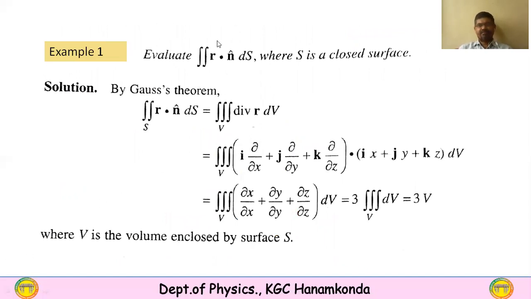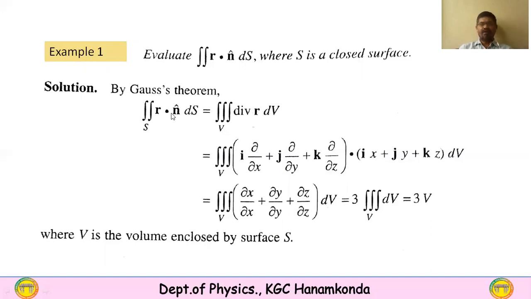Evaluate the double integral of r bar dot n cap dS, where S is a closed surface. This numerical can be solved by the Gauss divergence theorem. By the Gauss divergence theorem, we know that the surface integral is equal to the volume integral of the divergence.